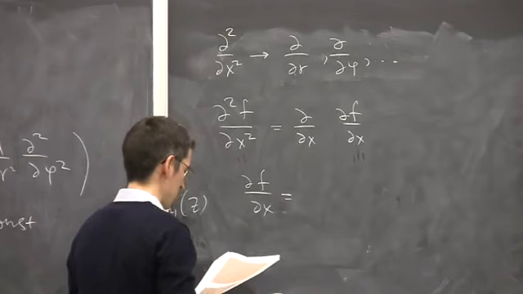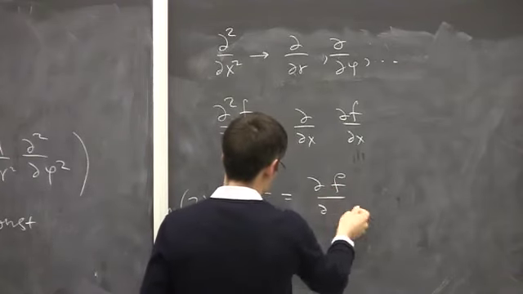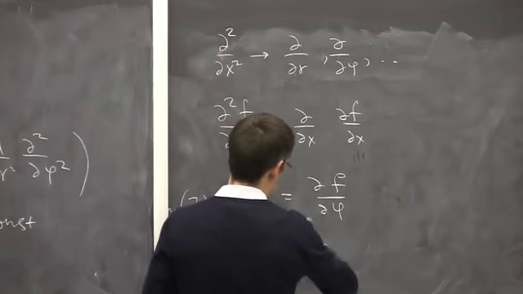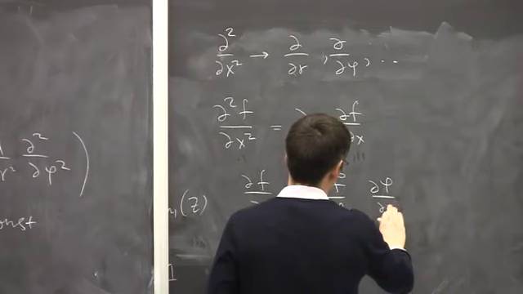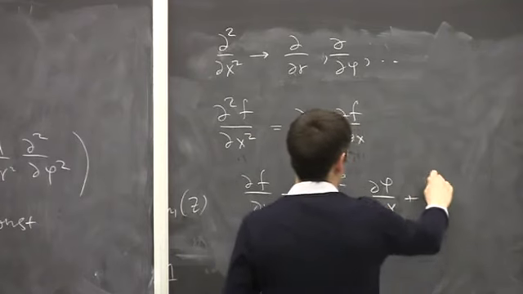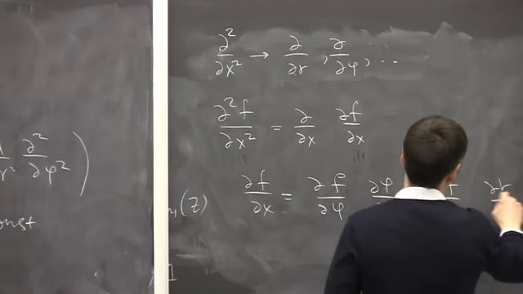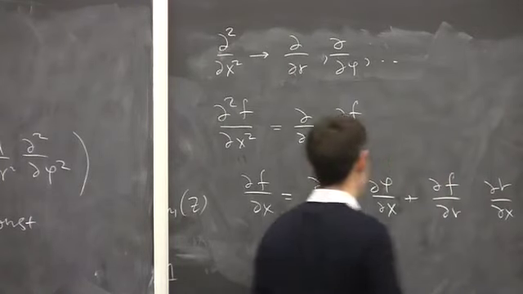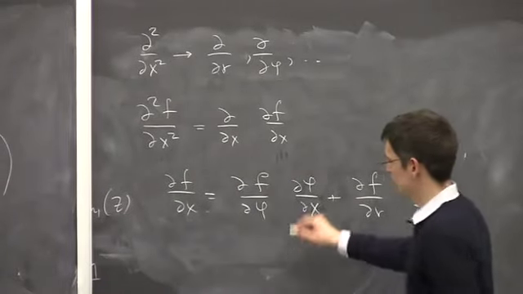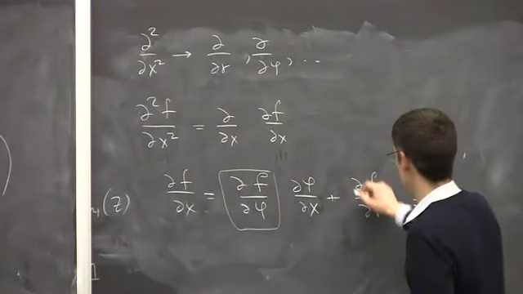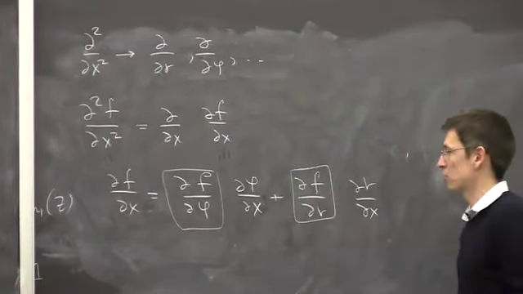And here the chain rule comes handy: you can always write it as the derivative of f with respect to phi times the derivative of phi with respect to x, plus the derivative of f with respect to r times dr over dx. Of course, we cannot do anything about these guys because we don't know what f is. It's just a trial function.